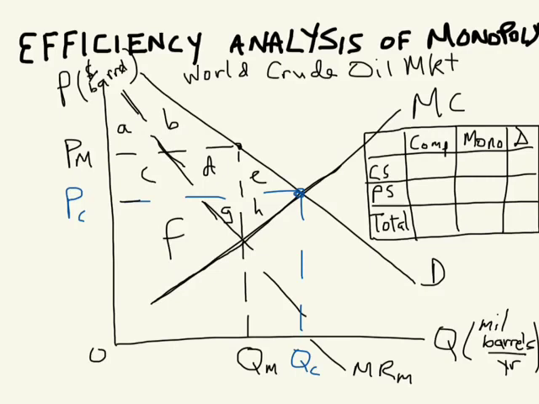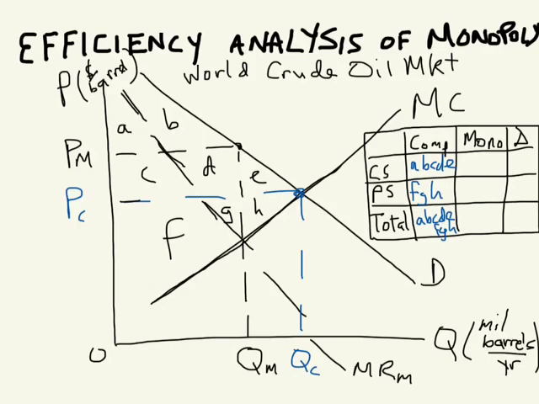So we get consumer surplus A, B, C, D, E, and producer surplus F, G, H, and our total is A, B, C, D, E, F, G, H. Had to really scrunch there.